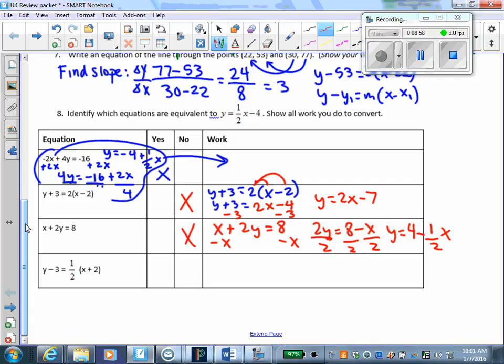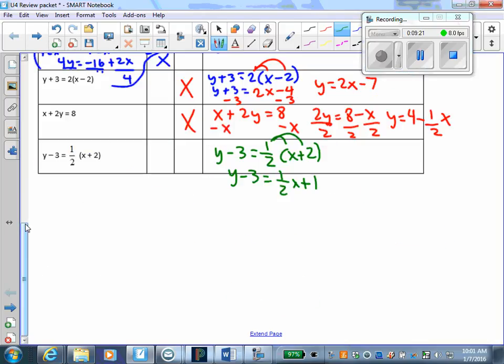Okay, the last one, y minus 3 equals 1/2 times x plus 2. So I'm going to distribute the slope first. So I get y minus 3 equals 1/2 x, and then 1/2 times 2 would be 1, so plus 1.